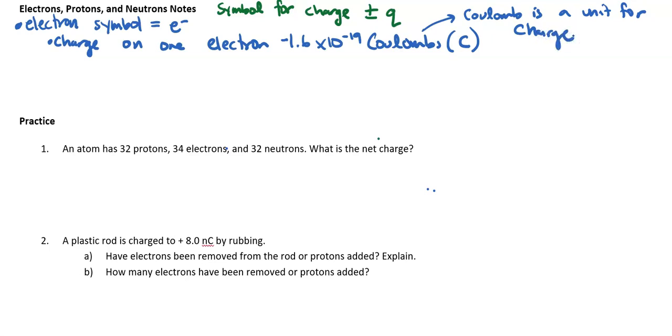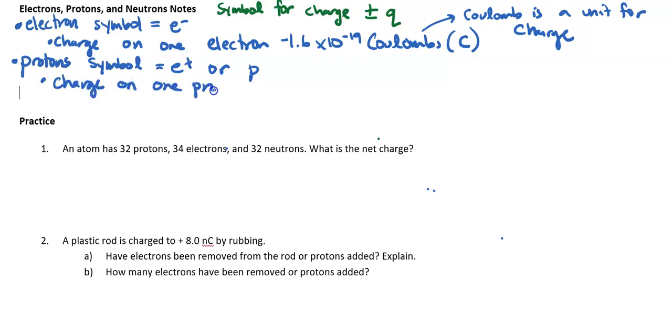Now let's think about protons. The symbol we'll use for protons is e plus or P. We'll see either of those. If the charge on one electron is negative 1.6 times 10 to the negative 19 coulombs, a proton is just the opposite. The charge on one proton is positive 1.6 times 10 to the negative 19 coulombs.